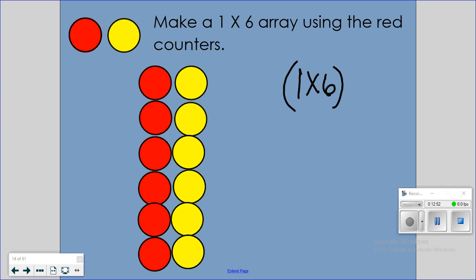The math that's going to match what I just did is I added something else, so I'm going to put a little plus sign. What did I add? Ashley? I added one group of 6. So plus one group of 6. One group of 6 plus another group of 6.